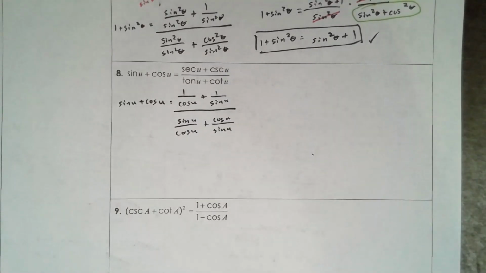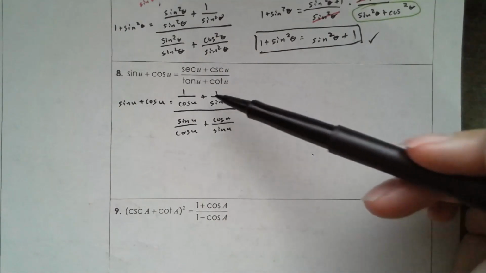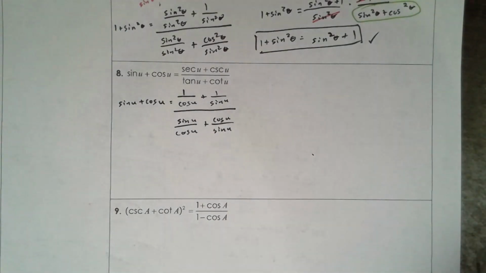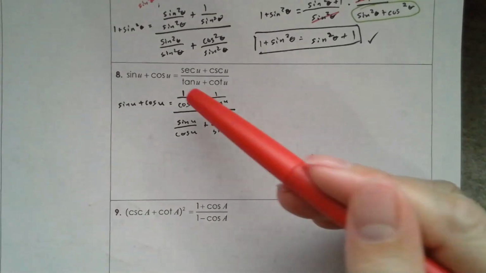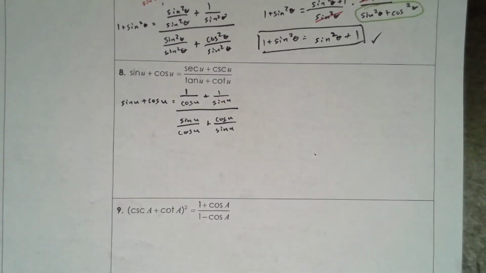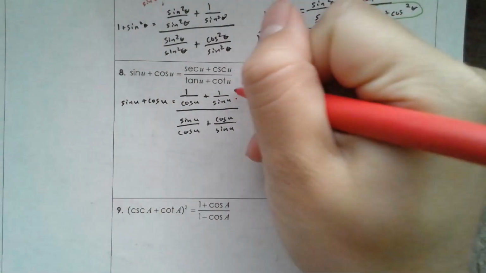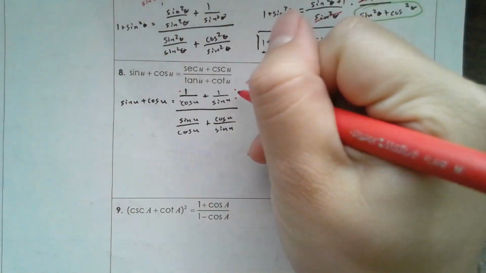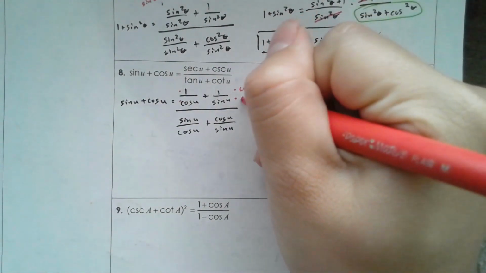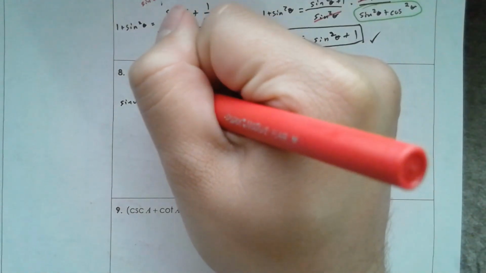So then my next step will be to combine both sets of fractions, just like we did up on the previous example. I have cosine u, sine u, so then I'll have to multiply each one by each other's denominator.